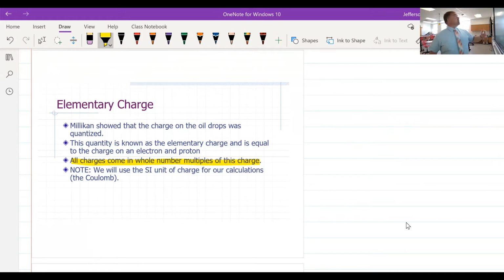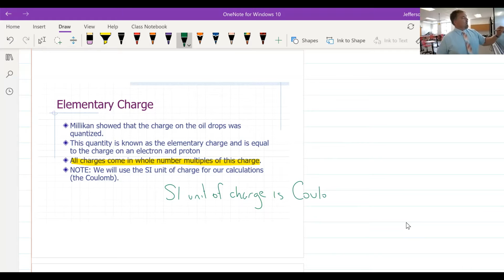All charges come in whole number multiples of that charge. Okay? Now note, we will use the SI unit of charge. The SI unit of charge is a Coulomb, C-O-U-L-O-M-B, and we'll talk about that in a second. Okay?